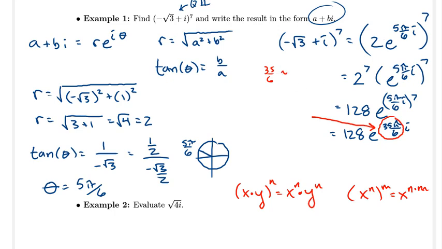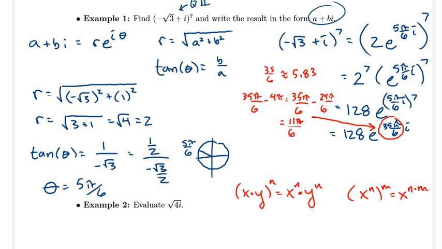So we get 5.83. What that means is, remember, I want to subtract an even number of pi's from this value. So I can say, let's take 35 pi over 6 minus 4 pi, which is 35 pi over 6 minus 24 pi over 6, which gives us 11 pi over 6.